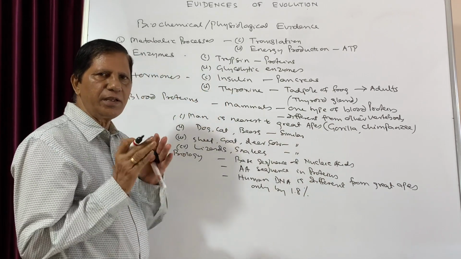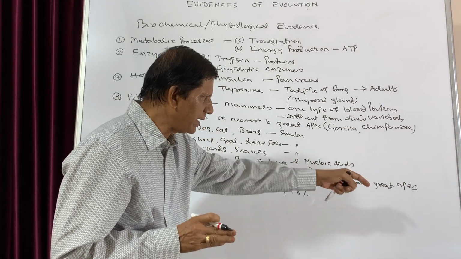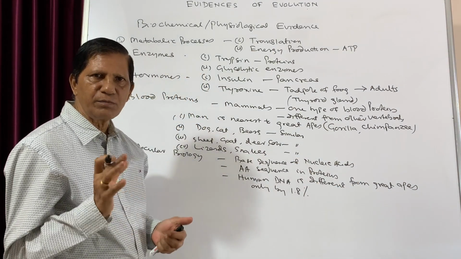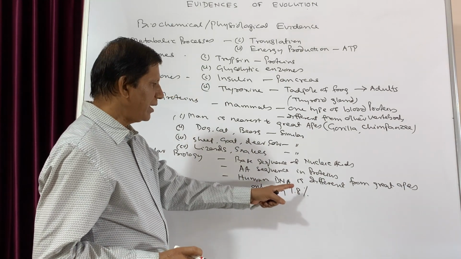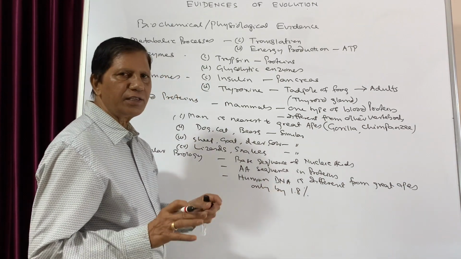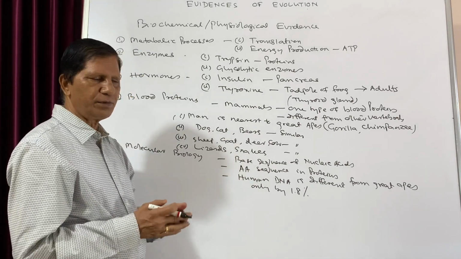That means the DNA sequence difference between human beings and great apes like gorilla and chimpanzee is only 1.8%. That means 98.2% are similar. So this indicates a close relationship.